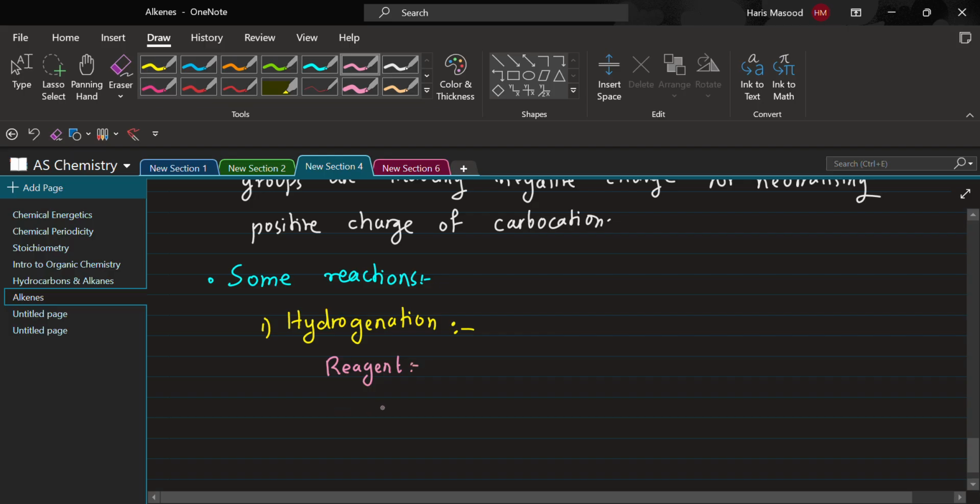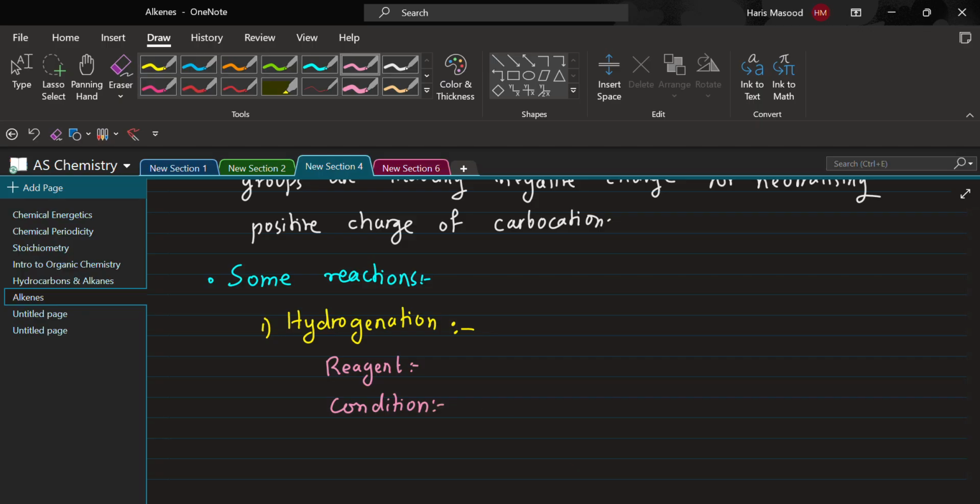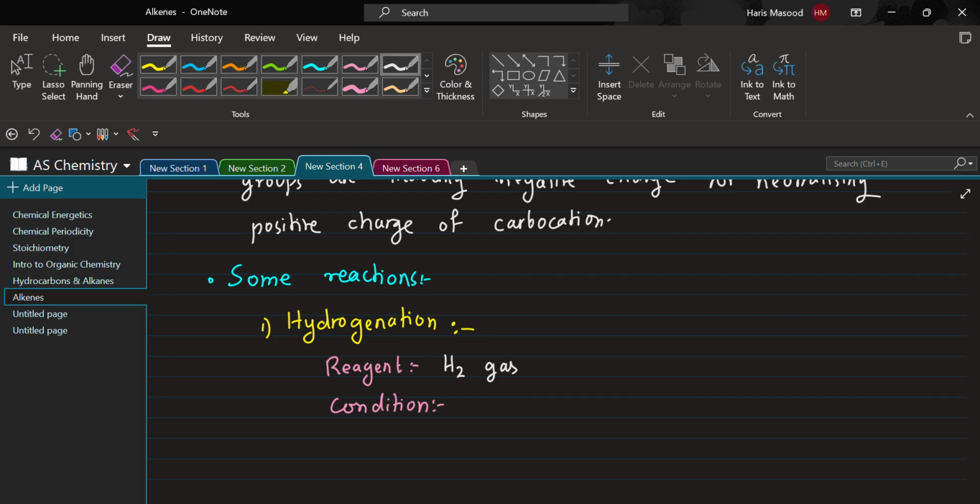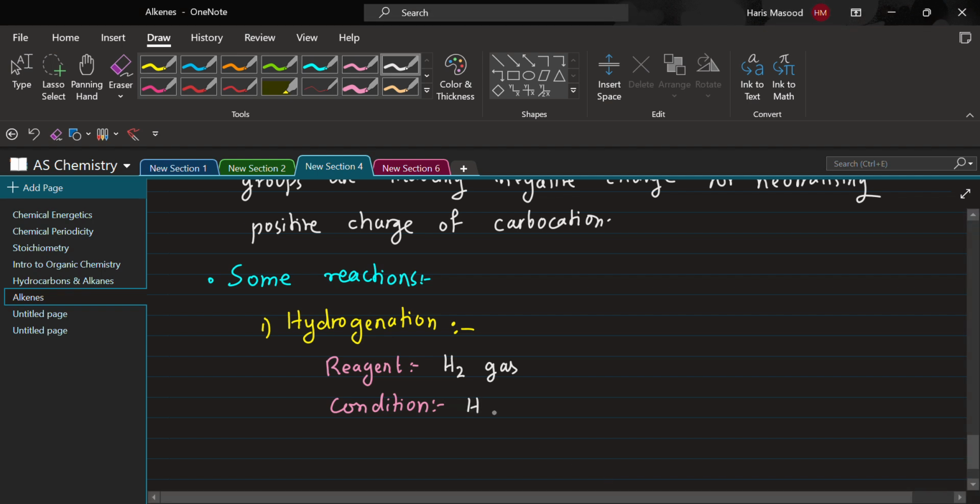Reagent is hydrogen gas. Conditions are a nickel catalyst and heat at 150 degrees Celsius with nickel catalyst.